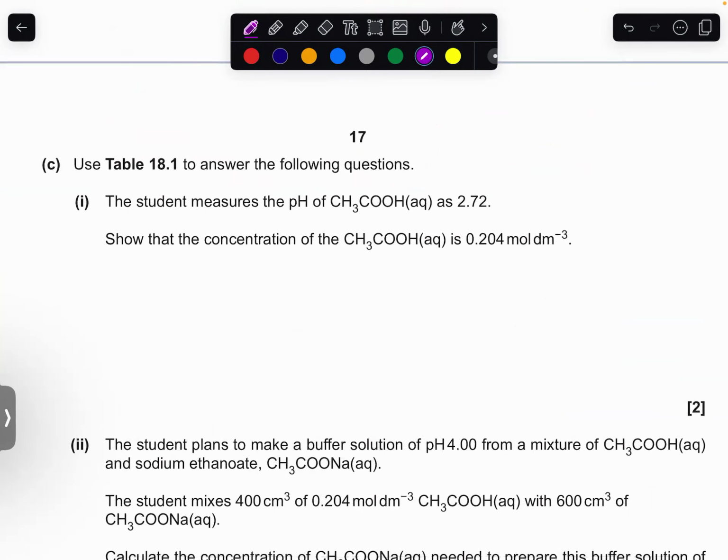Use table 18.1 to answer the following questions. The student measures the pH and is given as 2.72 of ethanoic acid. Show that the concentration of ethanoic acid is this. So we know that Ka, this is for a weak acid, so we can substitute the top part.